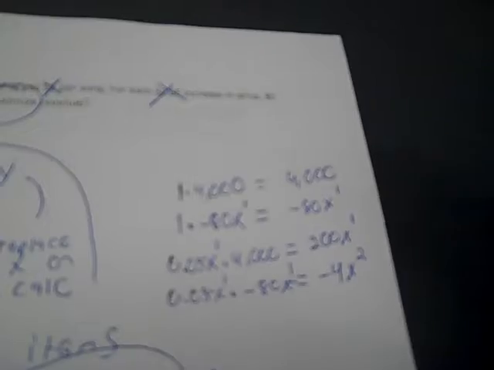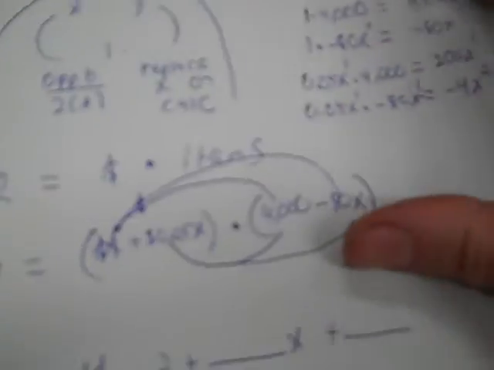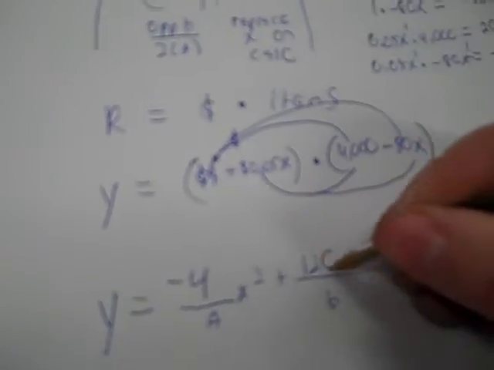And then I take 0.05 times negative 80, and that's negative 4, okay? And then 1 plus 1 is 2. Okay, so my x to the second is a negative 4, that's my A. And then my x, I'm going to be taking negative 80 plus 200. Well, that's 120. And then I've got 4,000.